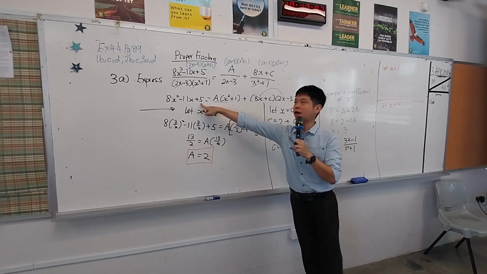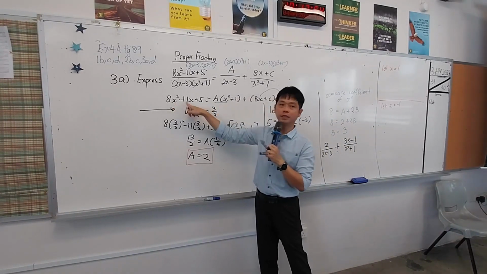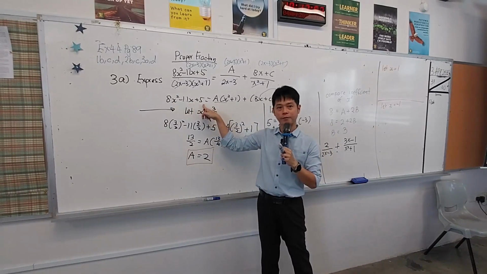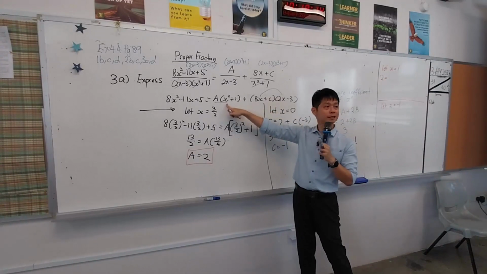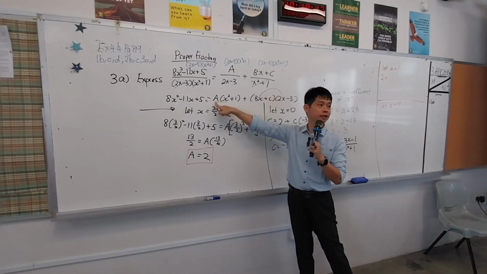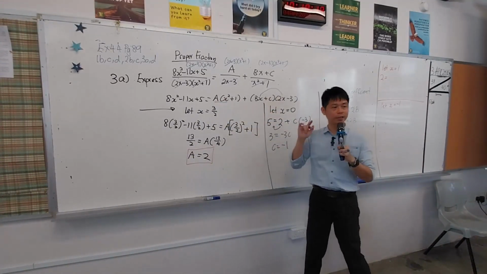So in this case here, I'll have 8 minus 11 plus 5. So left hand side is 2. I let this be 1, so I will have 2A. 2A is 4, right?